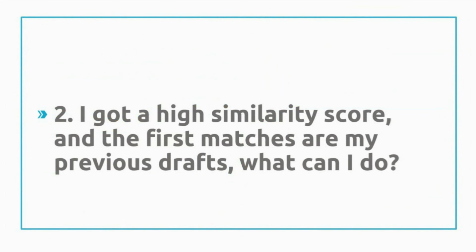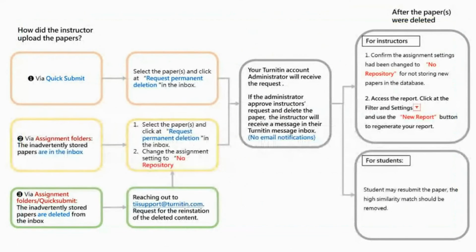Question number 2. I get a high similarity score. The first matches are my previous draft. What can I do? If the class was created by the library, it will not index any students' papers into the repository.